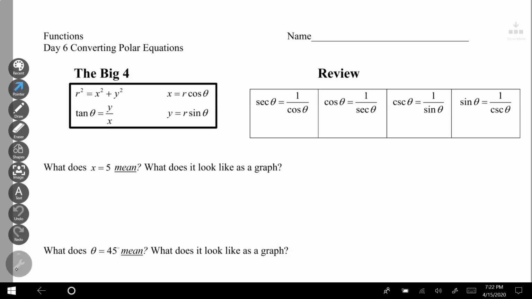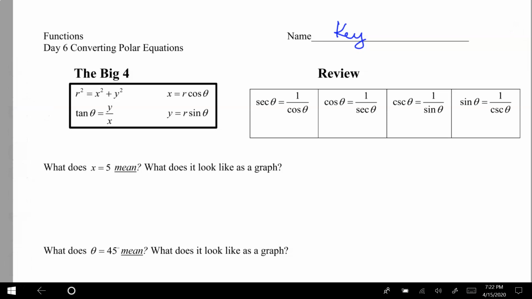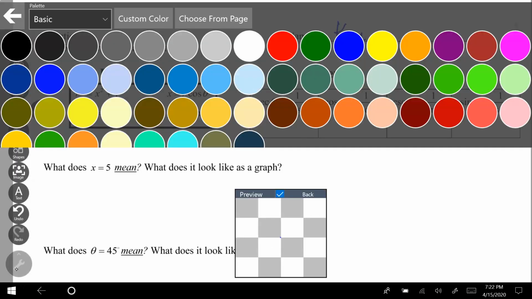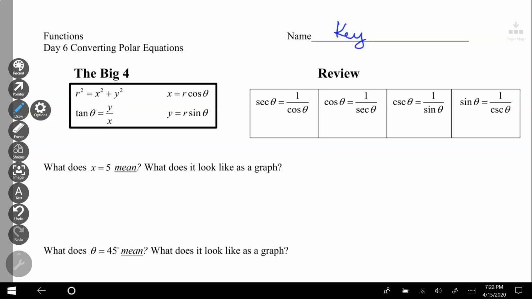So we start today with our key, and we have the big four that we're going to use. Some review: secant is 1 over cosine and cosecant is 1 over sine. But these big four equations that we used before are key. We need to think about how we're going to use these equations as substitution.